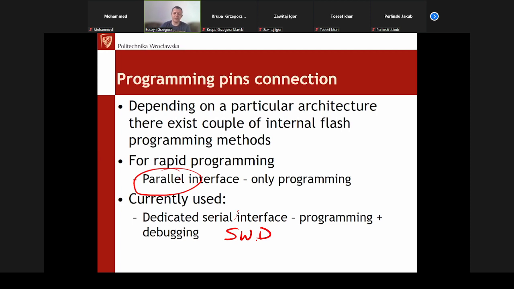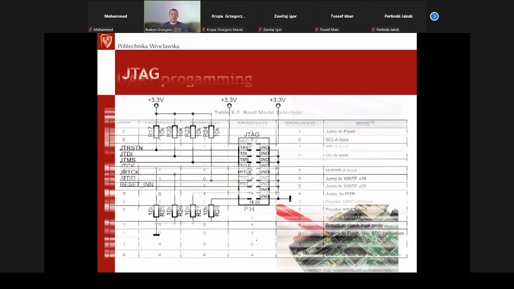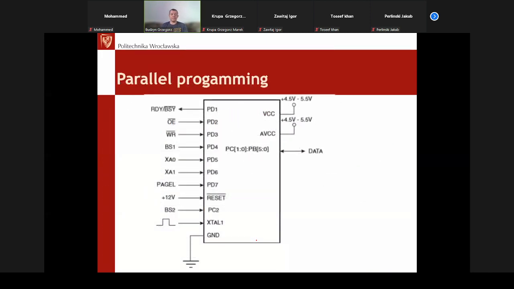In all Cortex devices, SWD is available, a simpler 2-pin version compared to JTAG, easier to use, and not only for programming but also for debugging. A standard UART or USB interface is just programming minded, no debugging. So for debugging, JTAG or SWD.